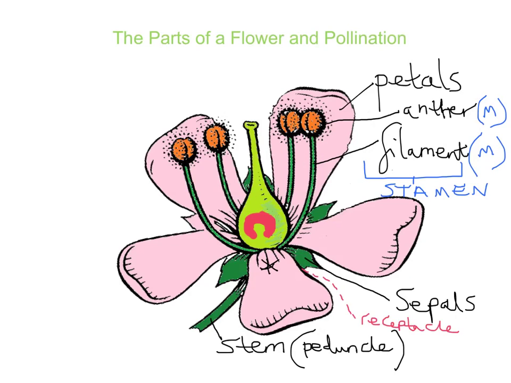This whole structure that you see in green here, in fact I'll use red to highlight this whole structure here on this diagram represents the female component of the flower.